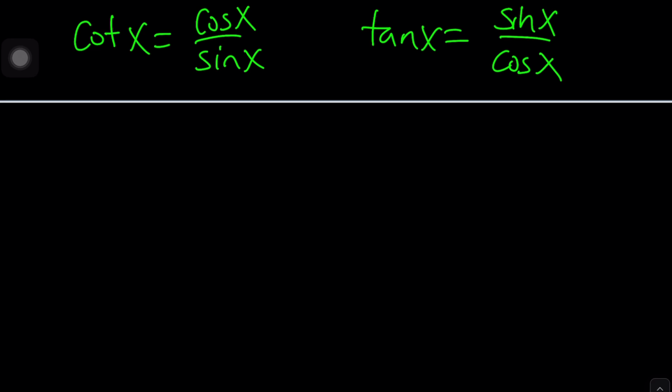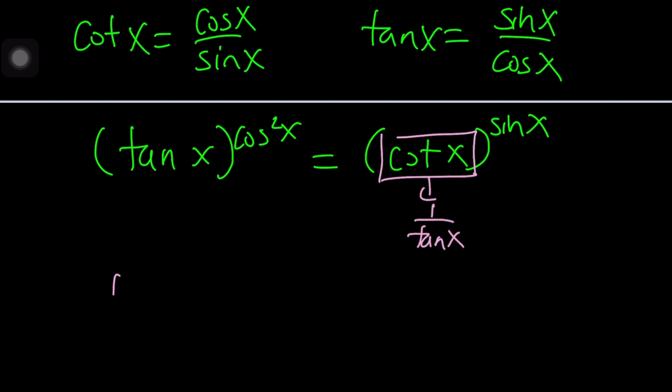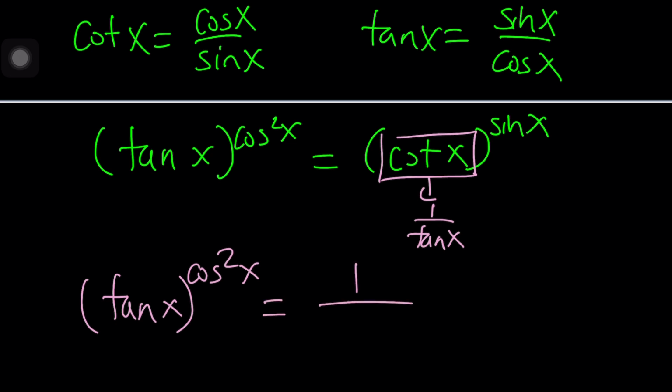Okay, so we have tangent x to the power cosine squared, and that is equal to cotangent x to the power sine of x. Let's go ahead and replace this cotangent with 1 over tangent. And now that gives us tangent x to the power cosine squared of x equals 1 over tangent x to the power sine of x.